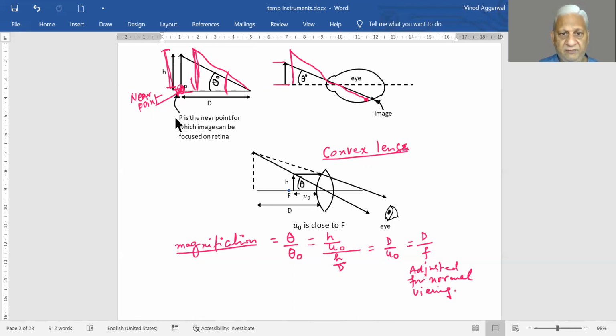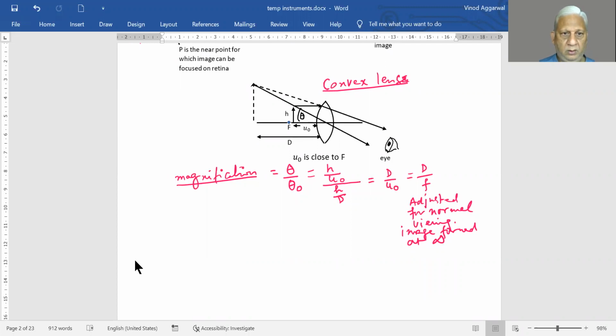When we see any object at infinity, our eye is most relaxed. And here, the image is formed at infinity.